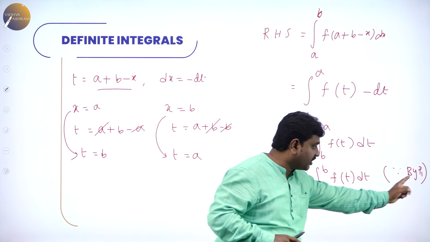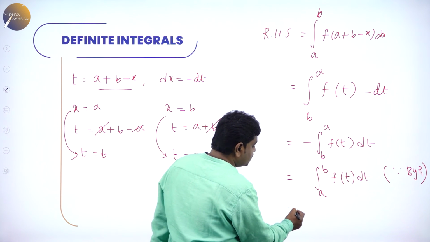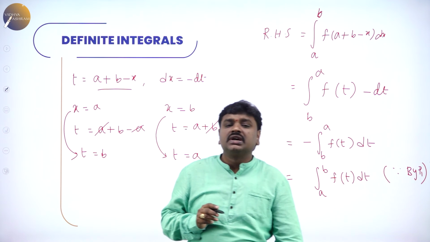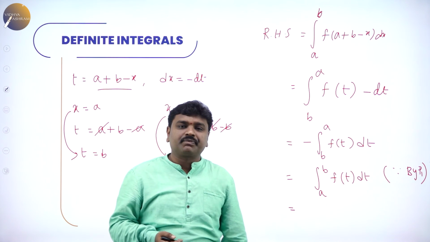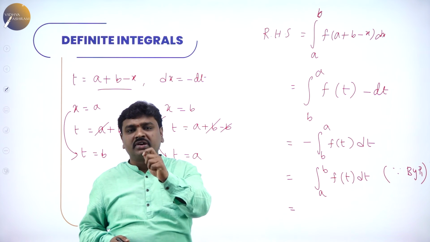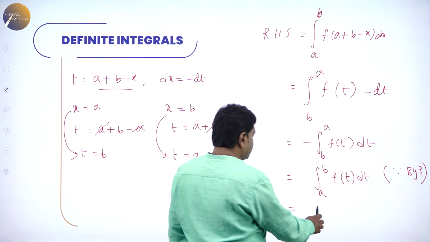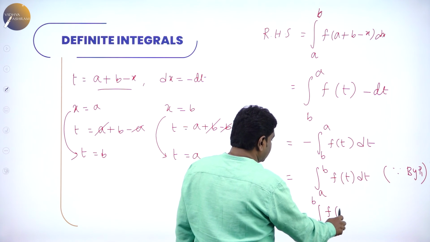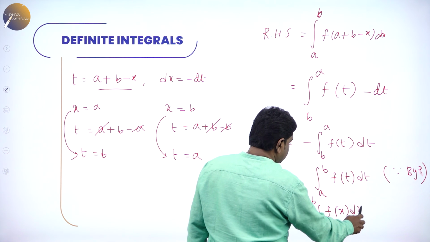By property what? P1. Then P0. What is P0? Integration of a to b f of x dx can be written as integration of a to b f of t dt, or integration of a to b f of t dt can be written as integration of a to b f of x dx. So same, I'll write integration a to b. Instead of t dt, I can write x dx. So this is what?